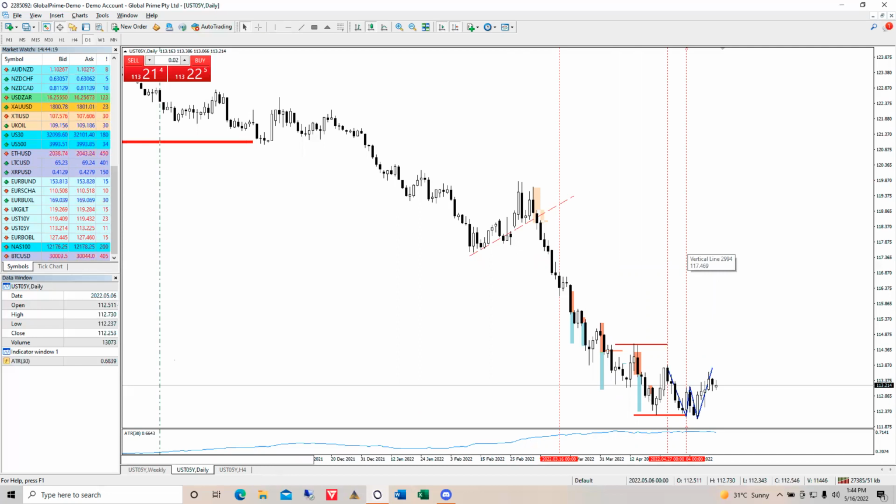So we didn't get anything with these attempts at a resumption. I think the last one potentially we had was the short here for a class 2 M pattern and a daily impulse, which ended up being stopped out almost at break even, but not quite.